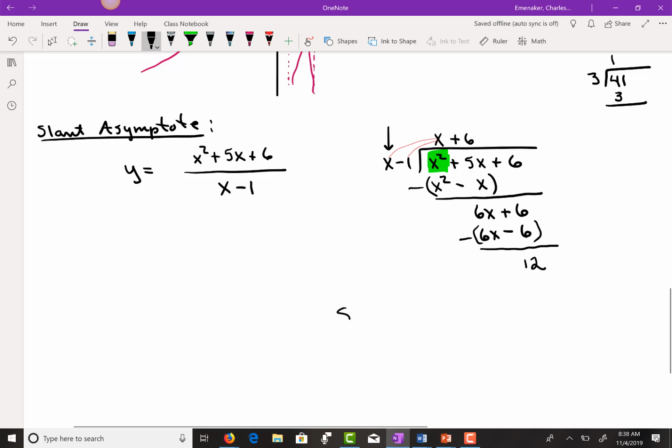Our slant asymptote is going to be y equals x plus 6. It's going to be this.